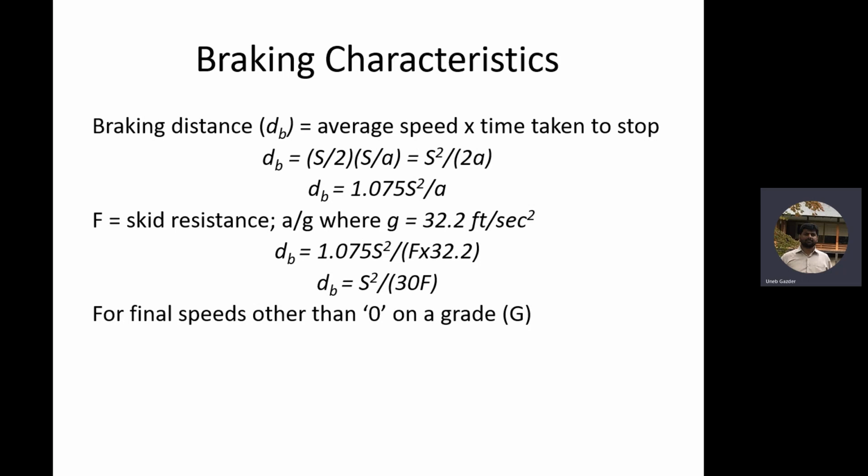We converted speed and, come on, what else? Yeah, something like this. The s was squared, so the conversion factor has to be squared and then divided by 2. So 1.075 is the conversion factor squared divided by 2.